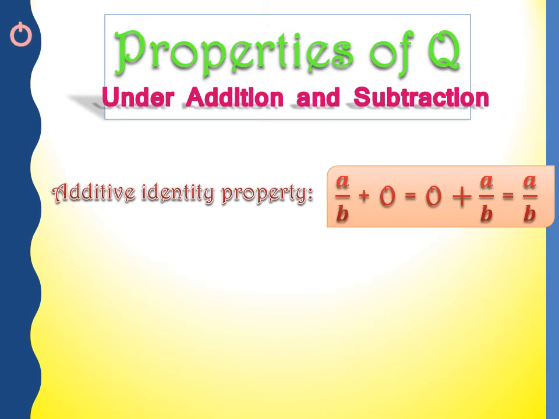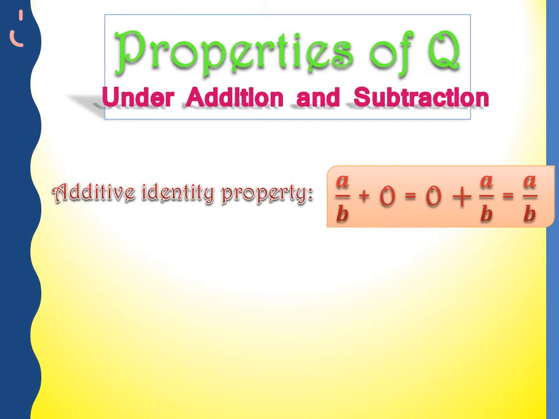And the additive inverse for any rational number a over b is negative a over b, and the additive inverse for any rational number negative a over b is a over b.